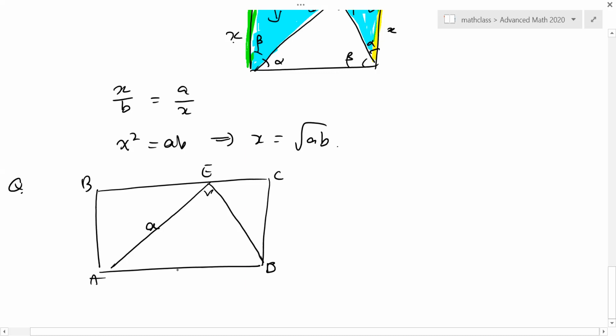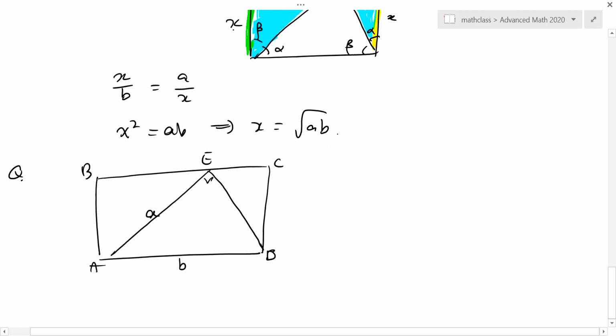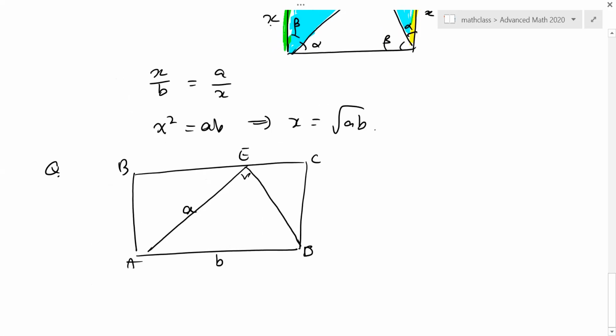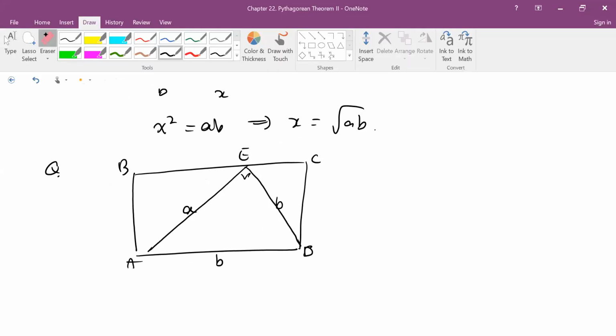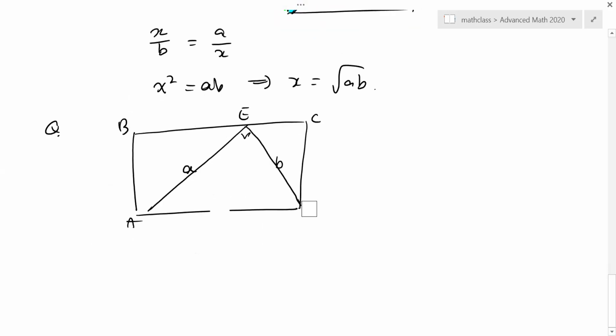I know AD is B. It's a right triangle. Find the area of the rectangle. So this right triangle is uniquely determined because we know two sides; it doesn't matter which two sides are given.